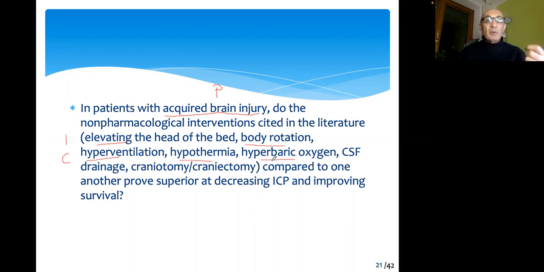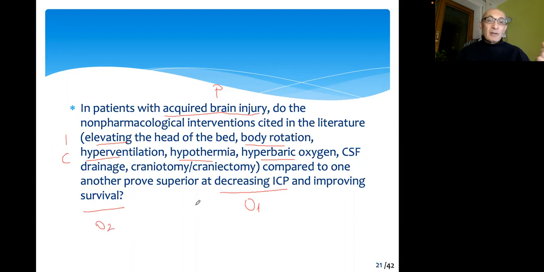Hyperbaric oxygen, hypothermia, CSF drainage, etc. Then the outcome, the O. What is our O here? We have decreasing intracranial pressure. This is our outcome 1. And actually we have another outcome, namely improving survival. Survival is our outcome 2. So we have 2 outcomes.